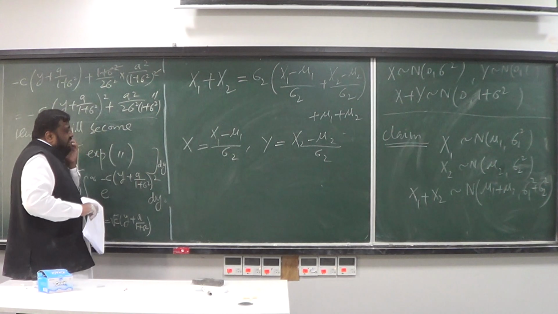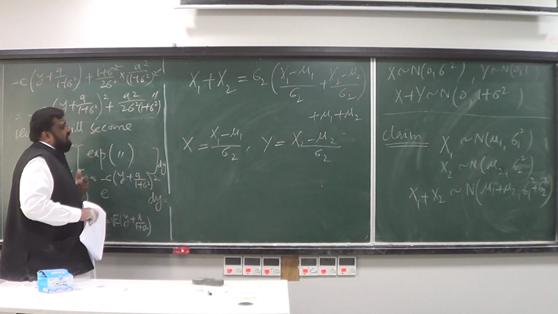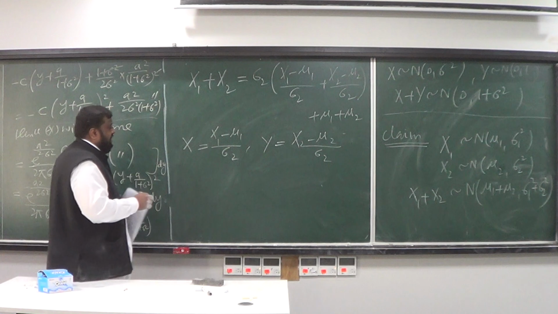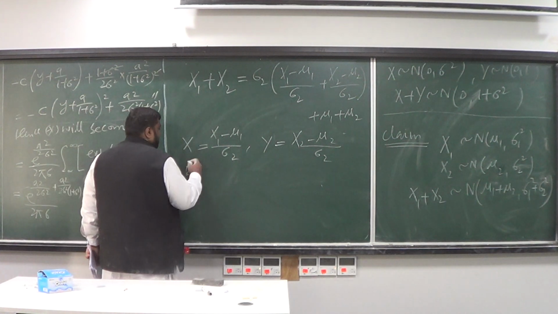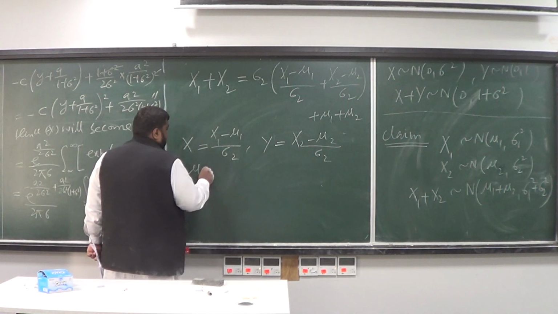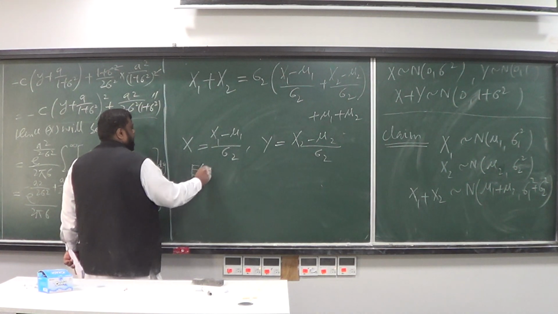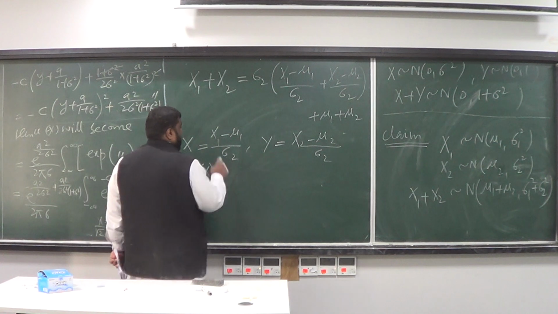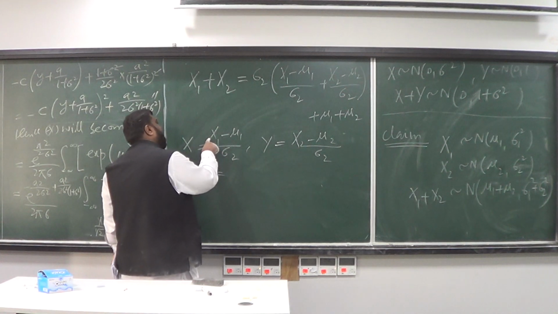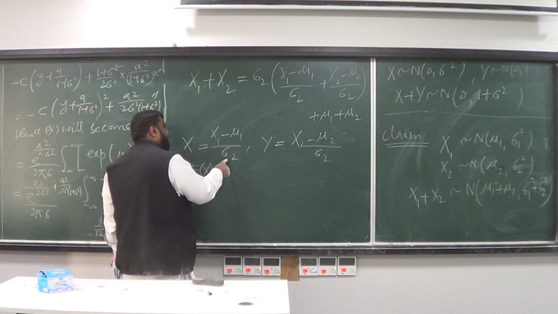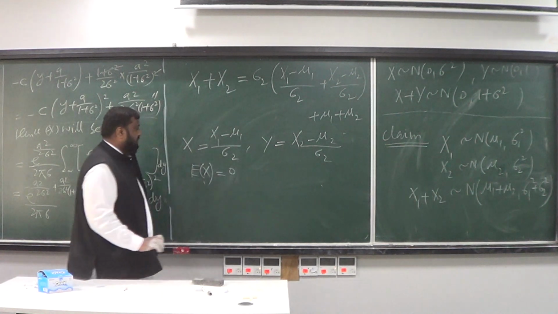The question is, what is the distribution of x? If you compute the expectation of x, it is going to be the expectation of x1 minus mu1 divided by sigma 2, so it's going to be 0.